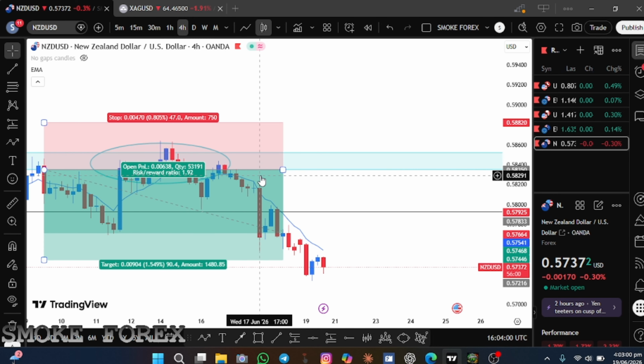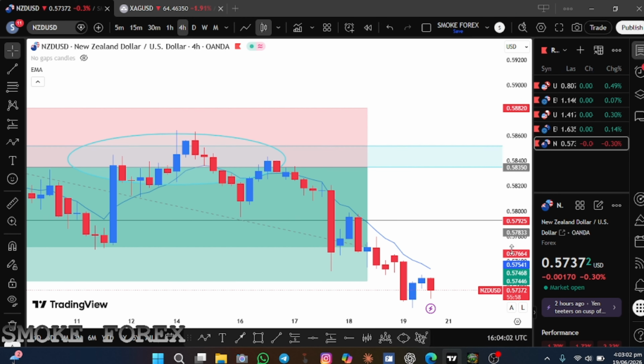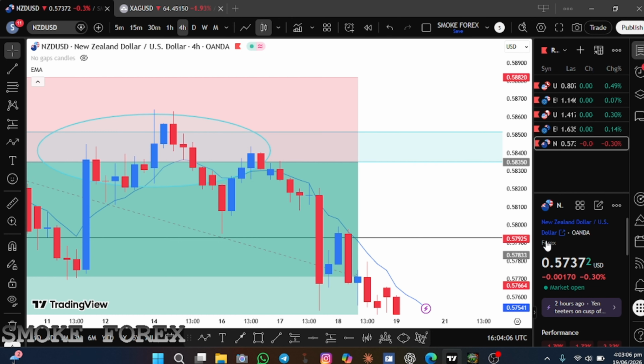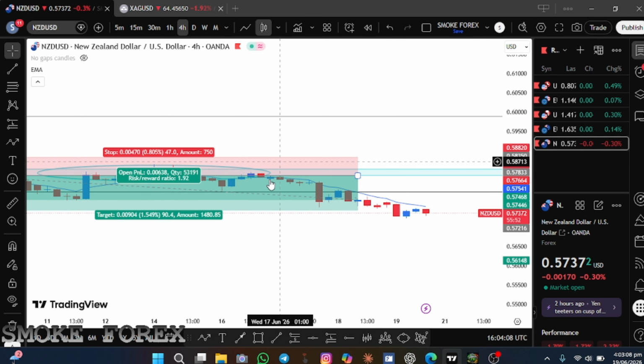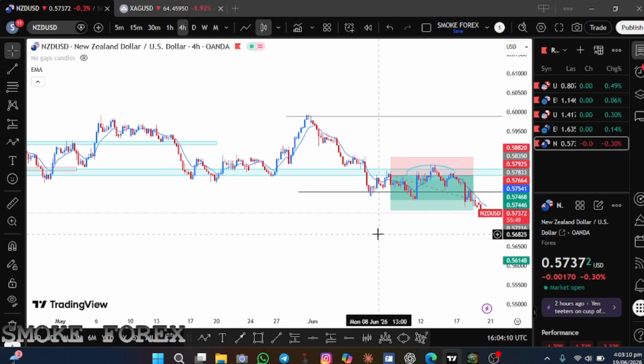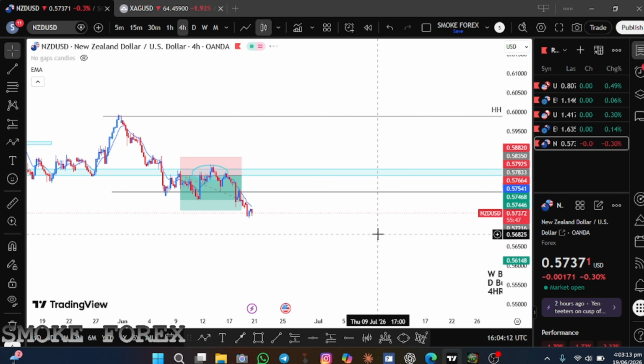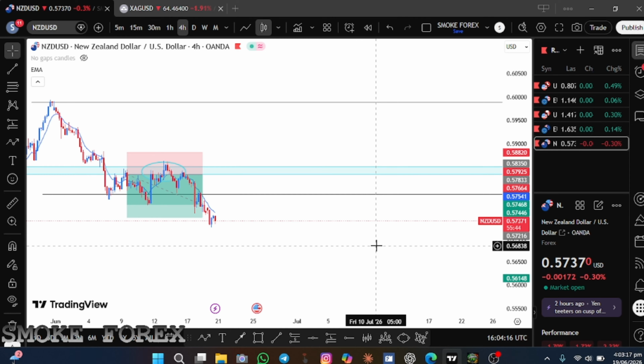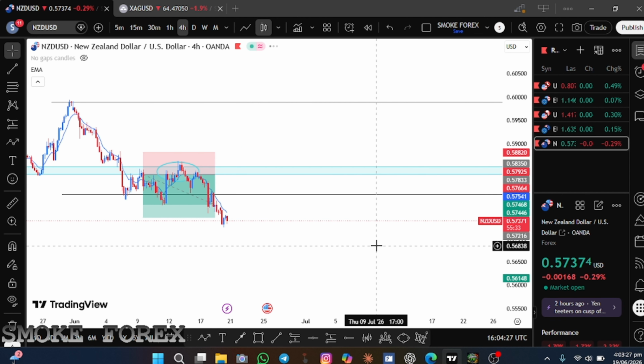That was why I entered the trade. Then price ended up going to my TP at 1:2, making almost 90 pips plus on NZD/USD within, I think, two days or so, or in a day.